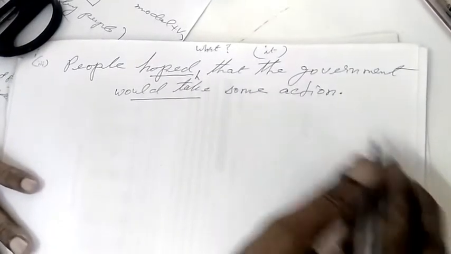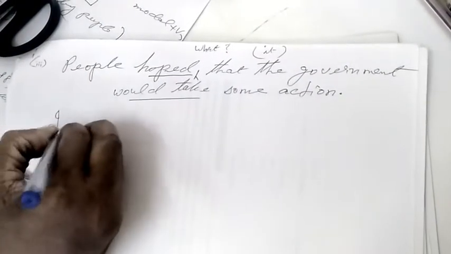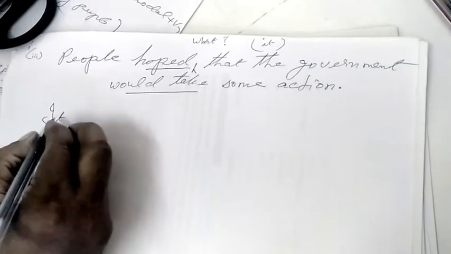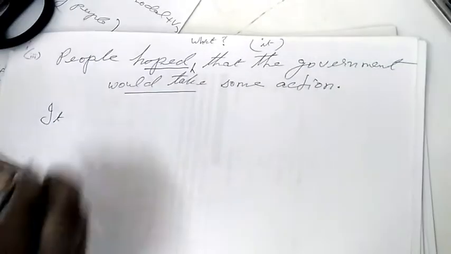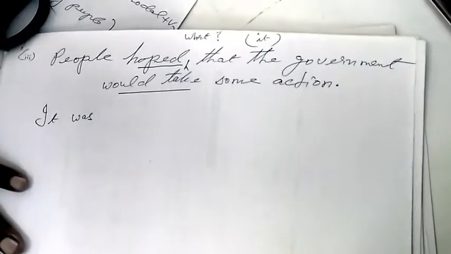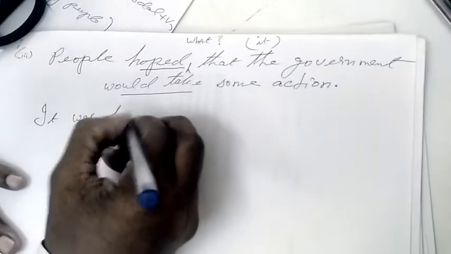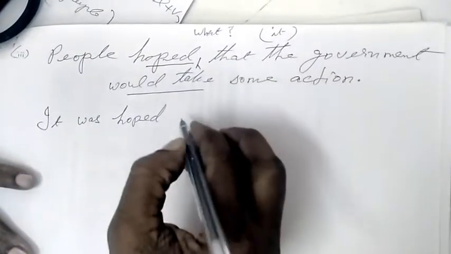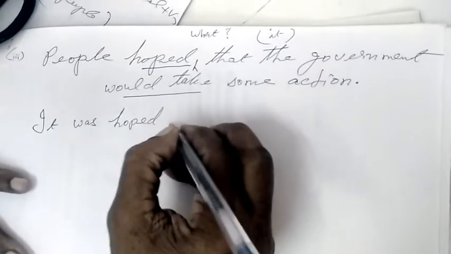Therefore, how do we change it? It becomes a subject and it is past tense and it is third person singular. Therefore, the B group verb is was. Past participle of hope: hope, hoped, hoped. It was hoped. Now you can simply add on the remaining sentence. It was hoped by whom?